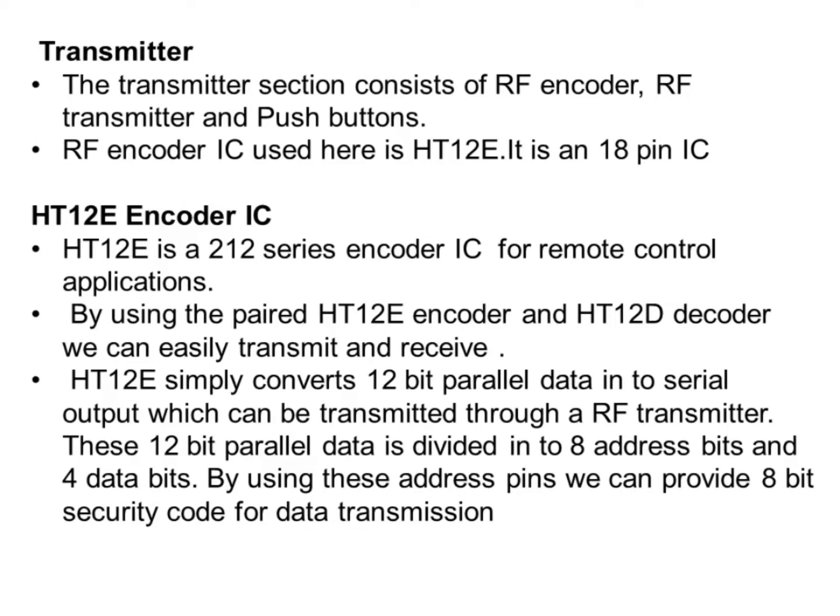By using the paired HT12E encoder and HT12D decoder, we can easily transmit and receive. It converts 12-bit parallel data into serial output which can be transmitted through the RF transmitter. These 12-bit parallel data are divided into 8 address pins and 4 data pins. By using these address pins, we can provide an 8-bit security code for data transmission.